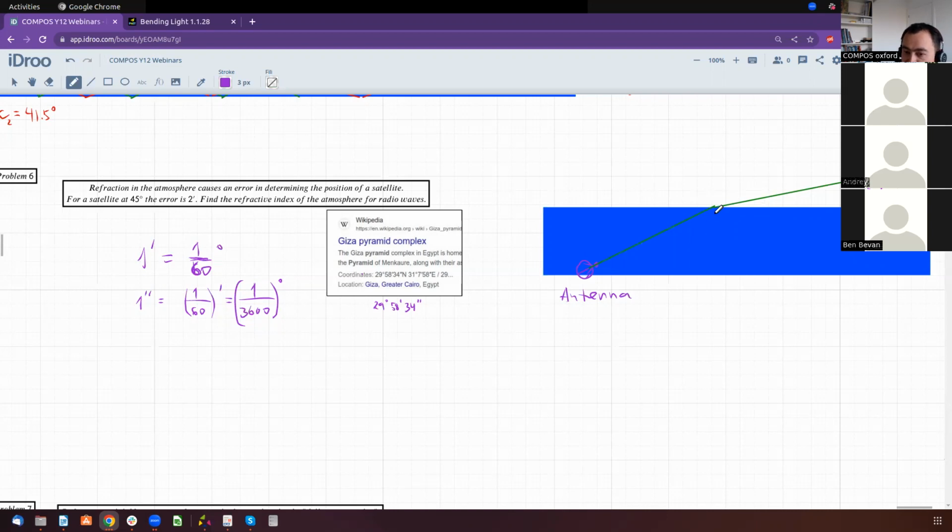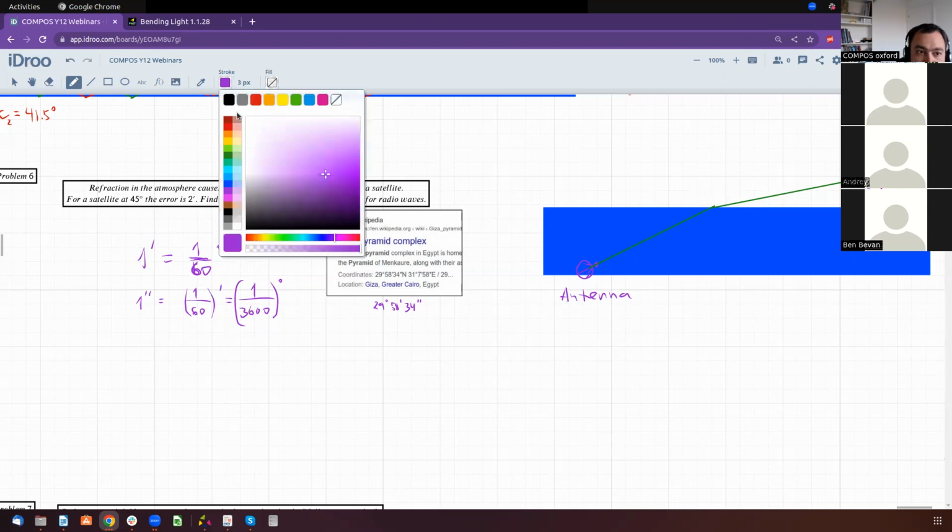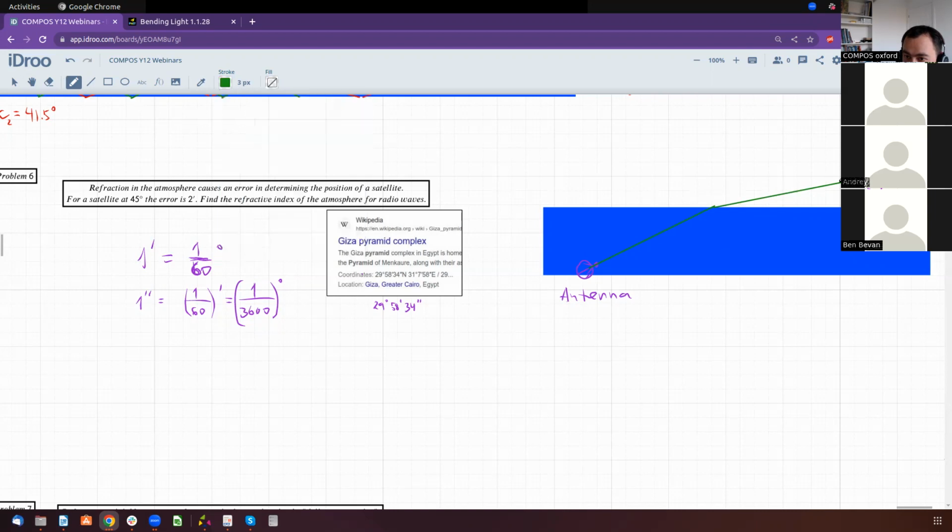Now, it doesn't happen in the top layers, actually. It happens gradually, because the atmosphere becomes denser and denser. So actually it travels like this and then bends like this.